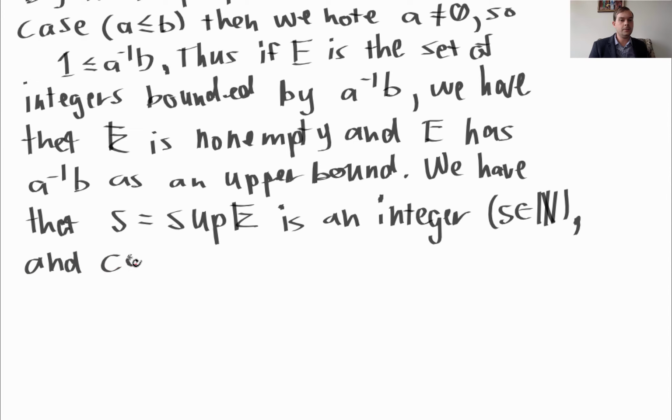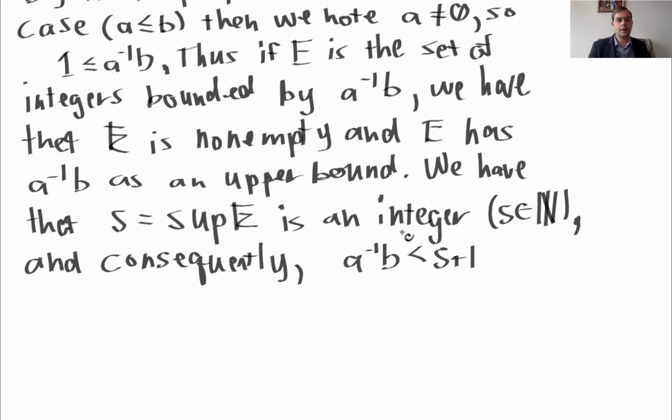And consequently, since it's a sup, we're going to have that A inverse B is strictly less than S plus 1. If it were less than or equal to S plus 1, then S plus 1 would be in E, and therefore would be the sup, which would be a contradiction. So consequently, we have A inverse B less than S plus 1.